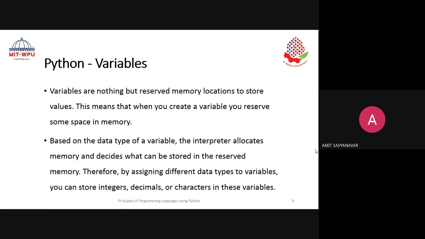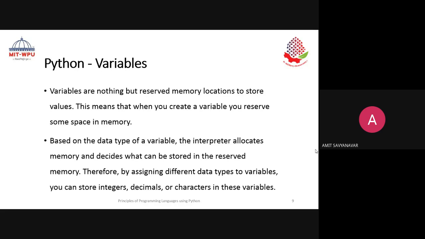Variables are, you can say, names using which a particular value can be accessed. That is what the programmer understands. But in the background, whenever a variable is used, some memory space is reserved to hold the values.